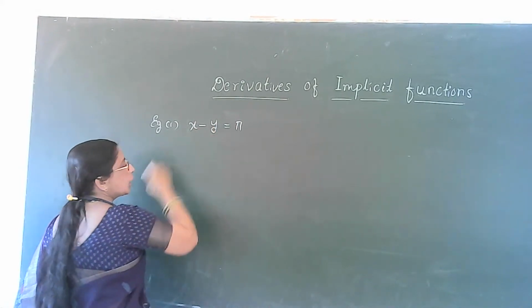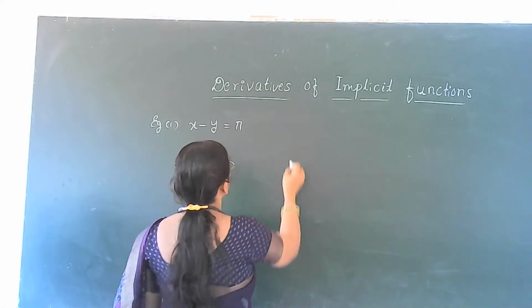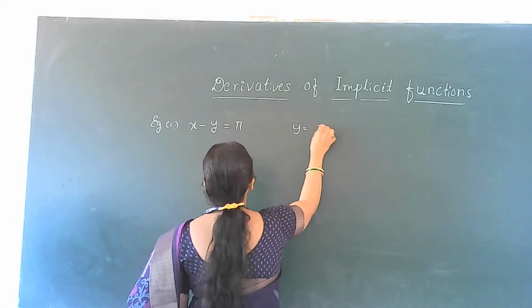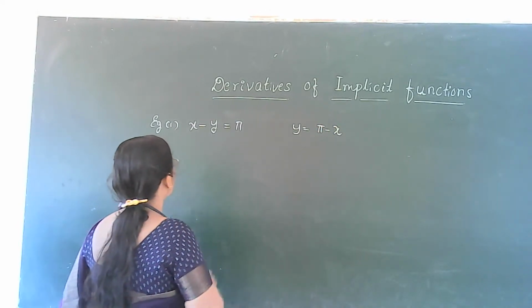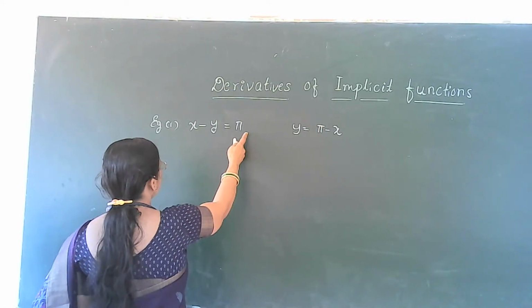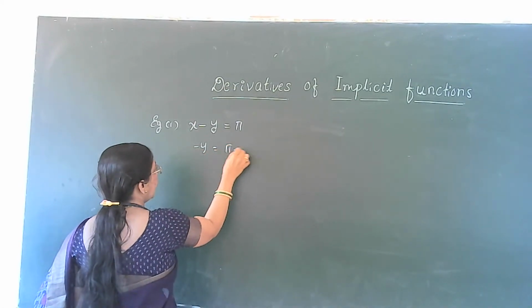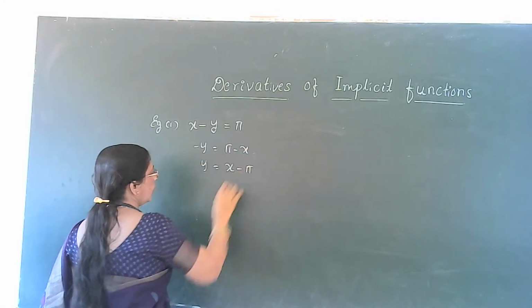Here we can also express y: minus y is equal to 5 minus x, then y is equal to x minus 5.